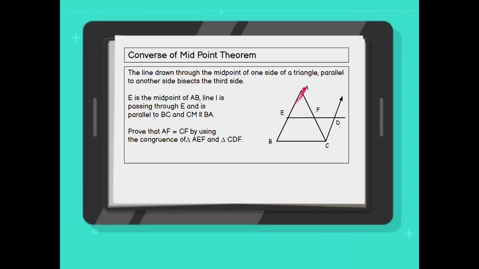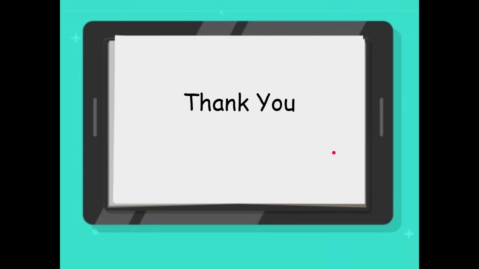So therefore again by side, angle, side, or SAS congruence criteria, these two triangles are congruent. So by CPCT, or corresponding parts of congruent triangles, I will say that AF is equal to FC. Hence proved that F is the midpoint of the third side of the triangle, AC.